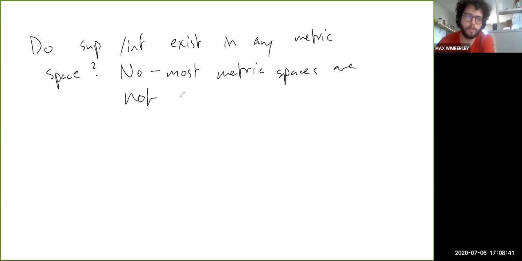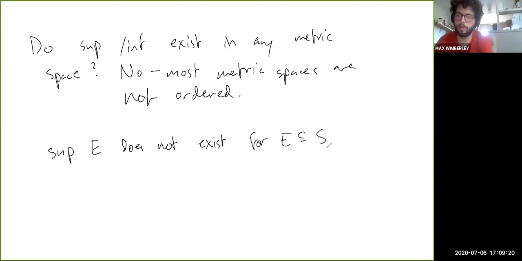are not ordered. So obviously, if you take a metric space and you want to talk about any kind of set of real numbers that is related to the metric space. So, for example, something like sup E does not exist for E a subset of a random metric space, right?